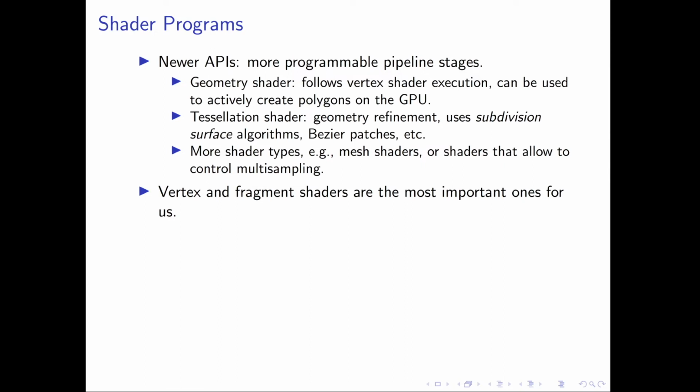What people commonly use geometry shaders for is to take a single point vertex and then compute a quad from that, or a polygon that is more complicated than a single point. So this would be typical things that you would perform in a geometry shader. And then there are also tessellation shaders to approximate curves using subdivision surfaces and Bezier patches. They're more specialized, but they're not so important to us.